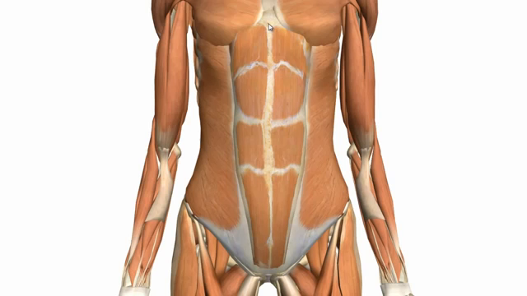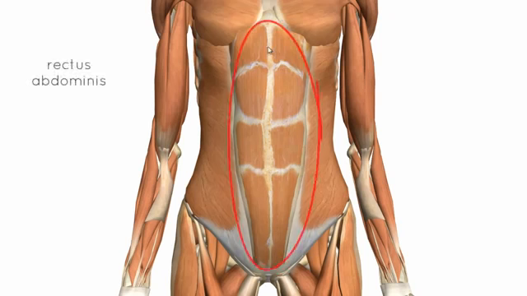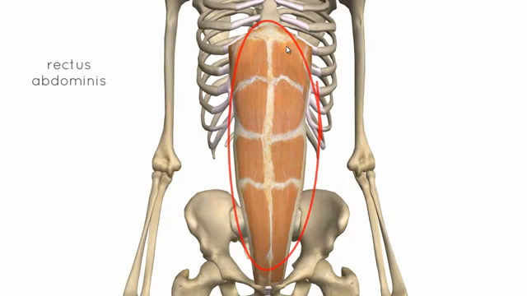So the lateral 3 muscles, which I'll come on to talk about, the external and internal obliques and the transversus abdominis, form these flat tendinous sheaths called aponeuroses, which join together in the midline, forming this linea alba. And this separates the 2 sides of the rectus abdominis muscle.